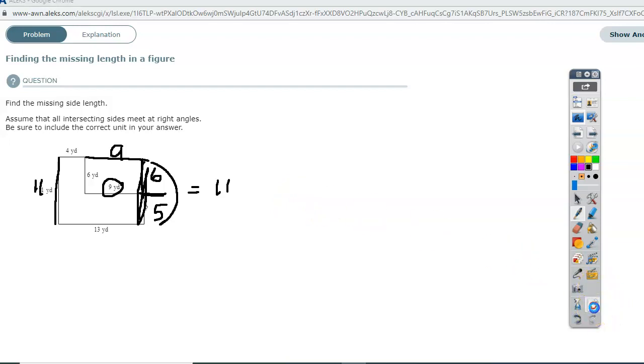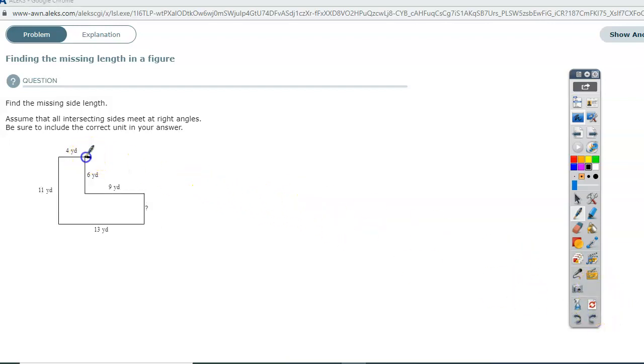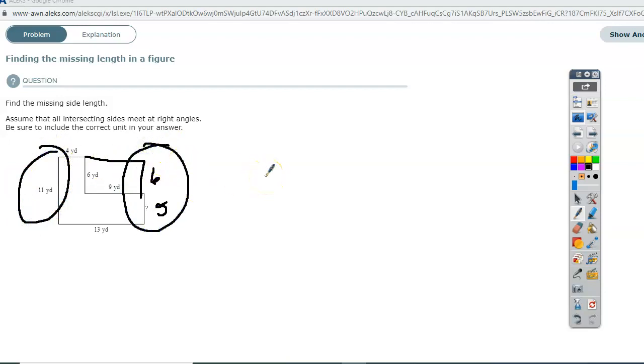I think you can just see it better if you make a big rectangle. If this is 6, that has to be 5 because these sides have to match. Some people say take the long side and subtract the short side and you get the other side. That works too. 11 minus 6.